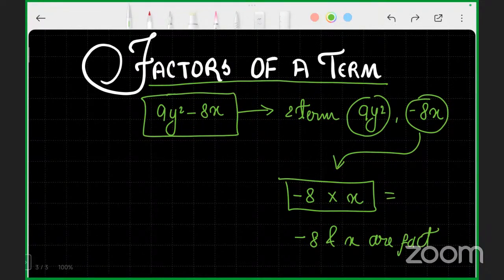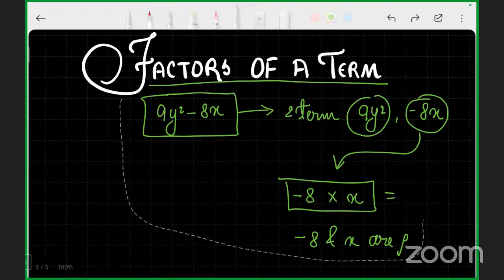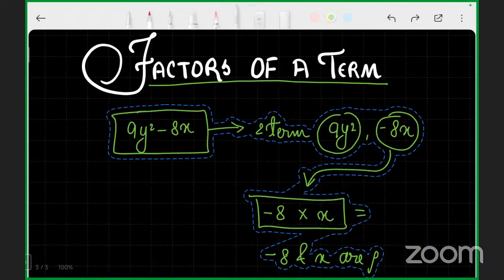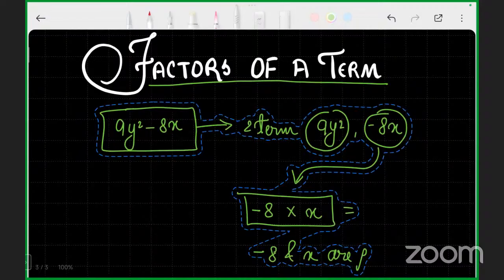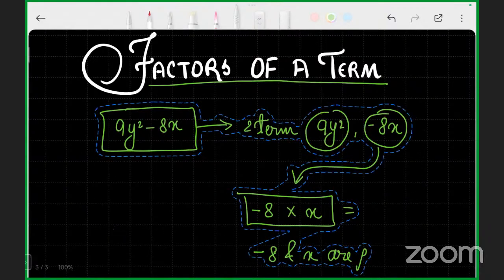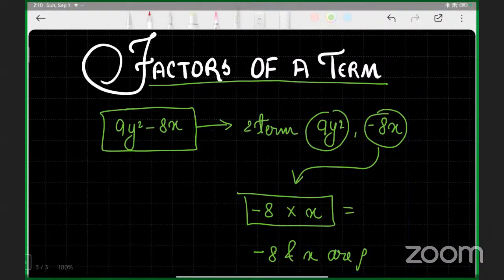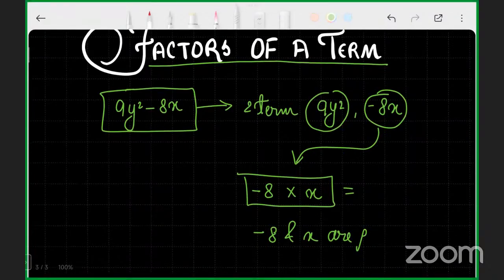Is it clear? Okay. I did not finish writing. Okay, leave it.